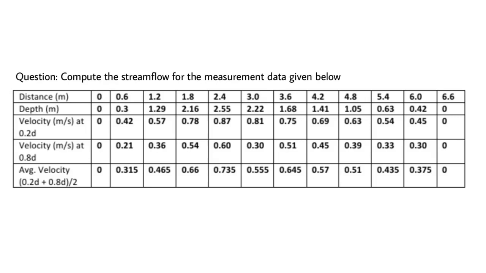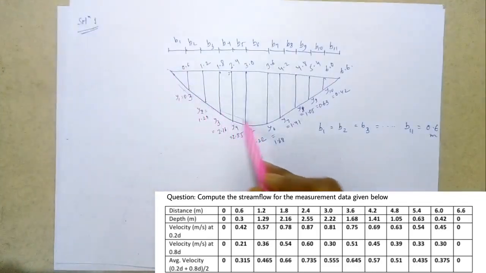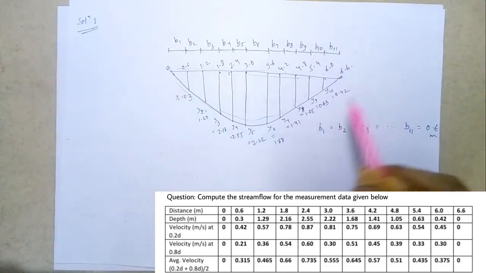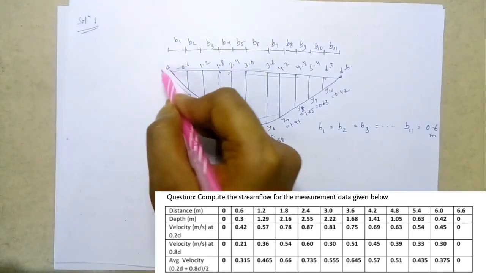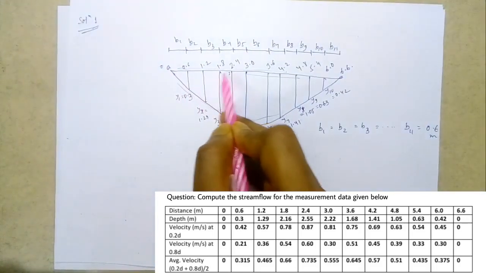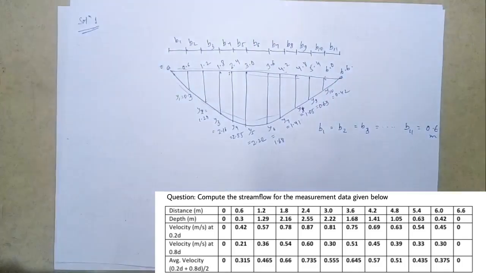So these are the velocities at different depths, 0.2 d and 0.8 d, at different chainages. I have represented the grid network like this: suppose this is our cross section of the stream, this is one bank and this is the other bank, and we are starting from here with 0, then 0.6, 1.2, 1.8, 2.4, 3, 3.6, 4.2, 4.8, 5.4, 6 and 6.6, as given in the table in the question.